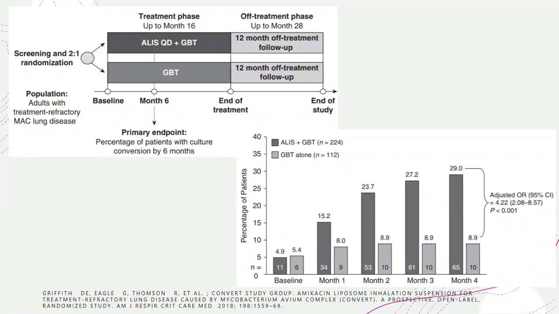This was a study where they added the liposomal inhaled amikacin, and they followed them up for 12 months off of treatment and looked at their culture conversion rate. If you look at the culture conversion rates, you see that in the patients who received inhaled liposomal amikacin, culture conversion was achieved by 29% of those patients versus 8.9% of the patients who received the guideline-based therapy alone.